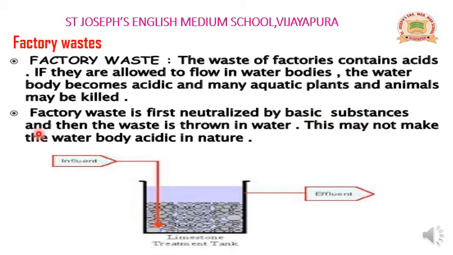This will not make the water body acidic in nature. So, instead of sending factory waste directly to the water, it is treated with a basic substance, which makes it neutral. Then it is added to the water so that it doesn't affect aquatic plants or animals' life. Thus, factory waste is treated.